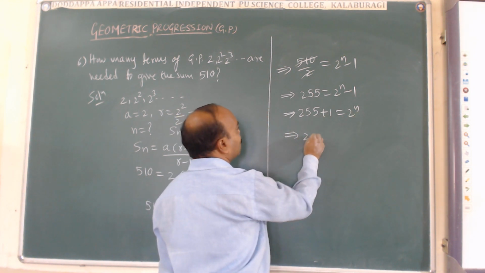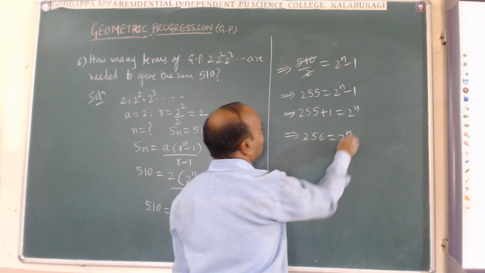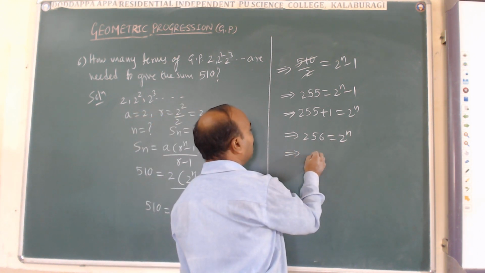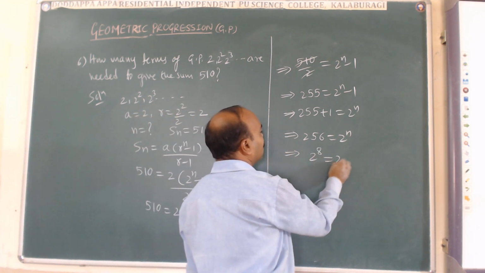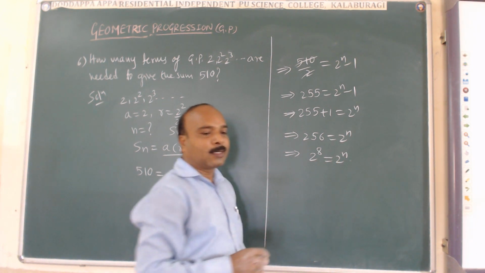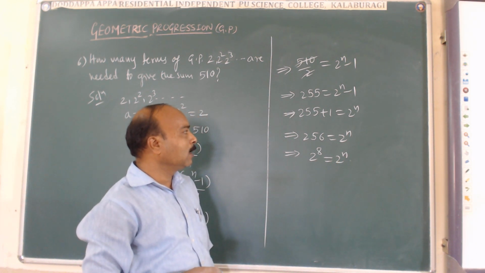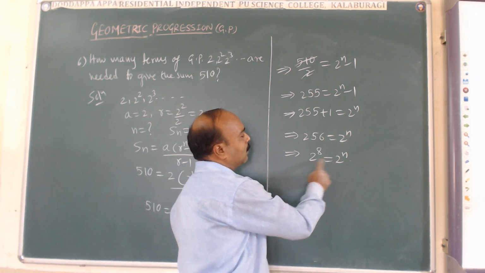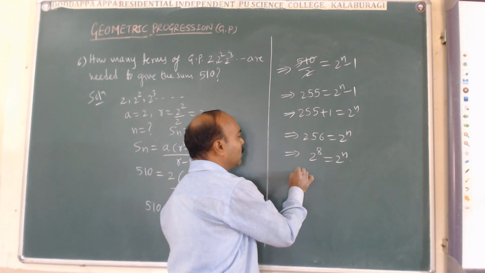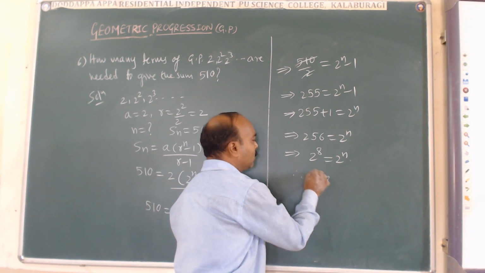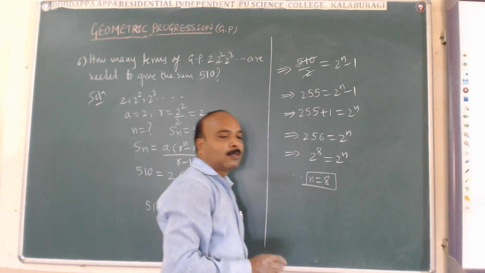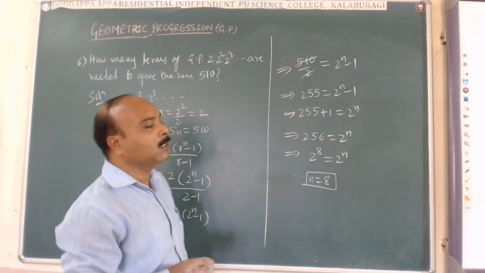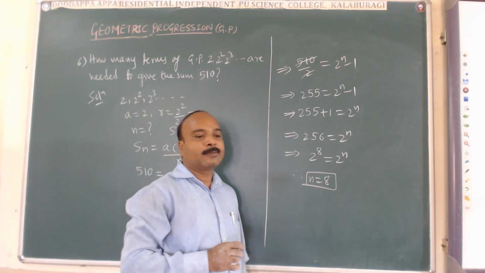It implies 256 equal to 2 raised to n. 256 is nothing but 2 raised to 8, equal to 2 raised to n, because if you multiply 2 eight times, you get 256. Here bases are equal, so automatically powers should be equal. Therefore n value is equal to 8. Therefore for getting the sum 510, we need a total of 8 terms for the given geometric progression.